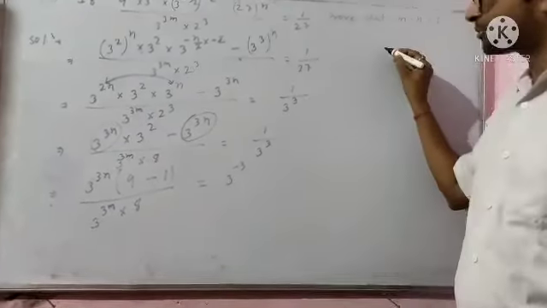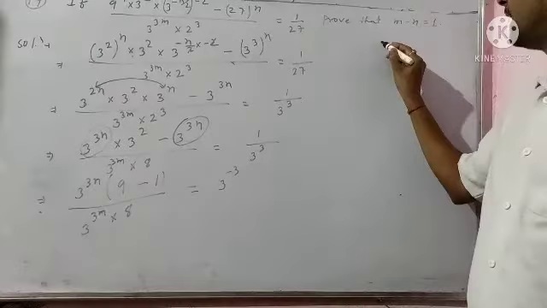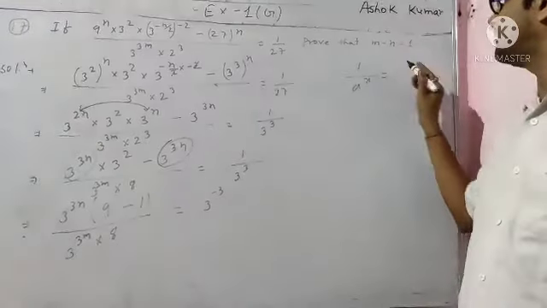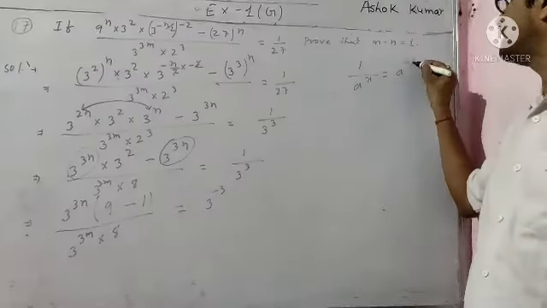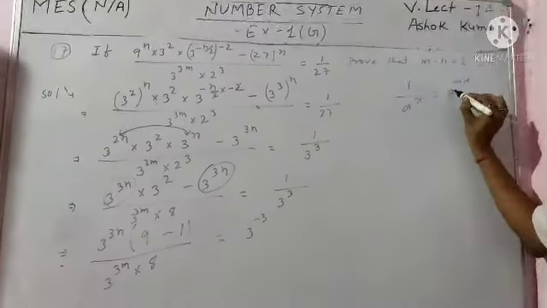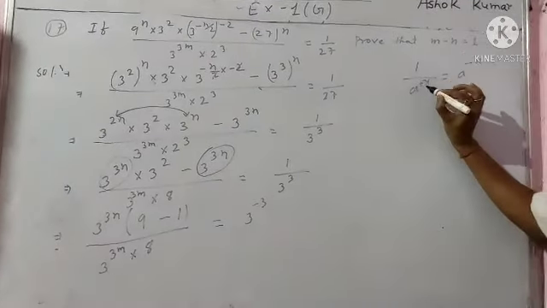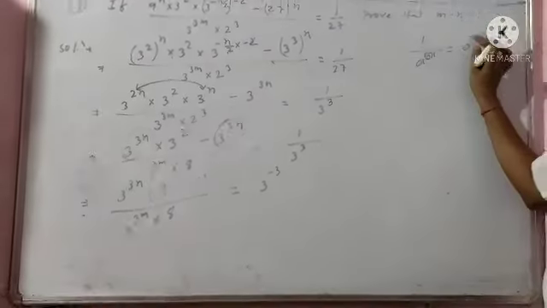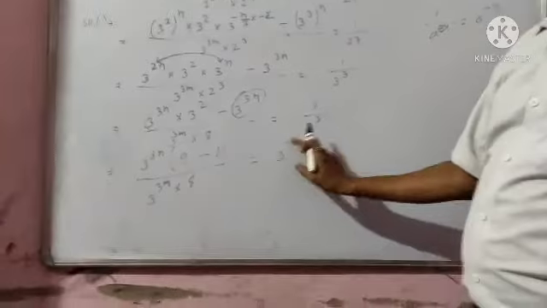According to this property, if suppose 1 by a to the power x, this value can be written as a to the power minus x, because if this value is shifted upper, then this sign is changed, means here is the positive and this value is the negative. So 3 to the power minus 3n.